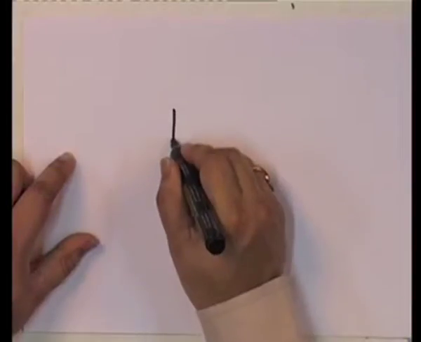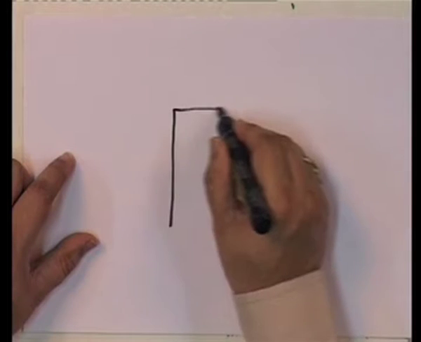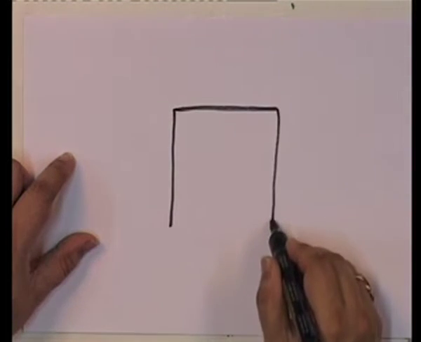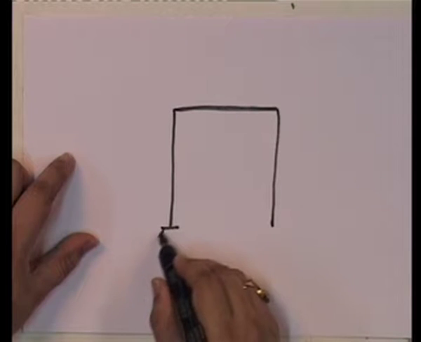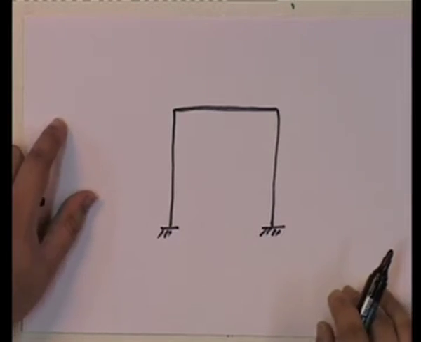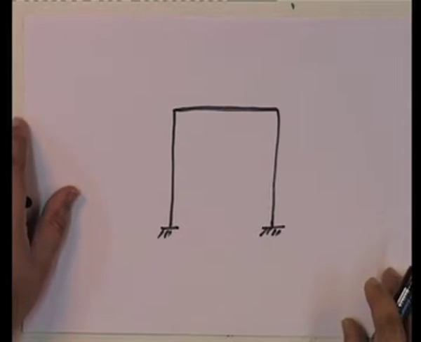So, let us look at a frame structure, and I am going to look at exactly the same structure that I started with, which was a single story single bay frame.